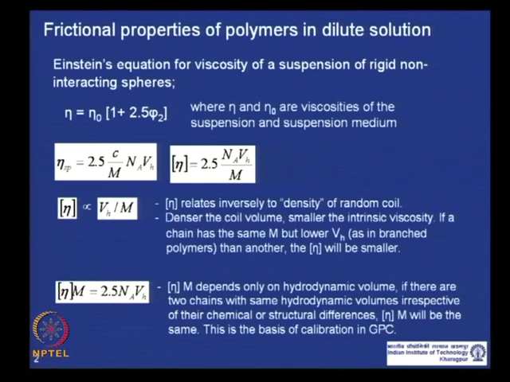So, if there are two polymer chains having the same hydrodynamic volume, irrespective of their chemical and structural differences, the product of intrinsic viscosity and molecular weight will be the same.